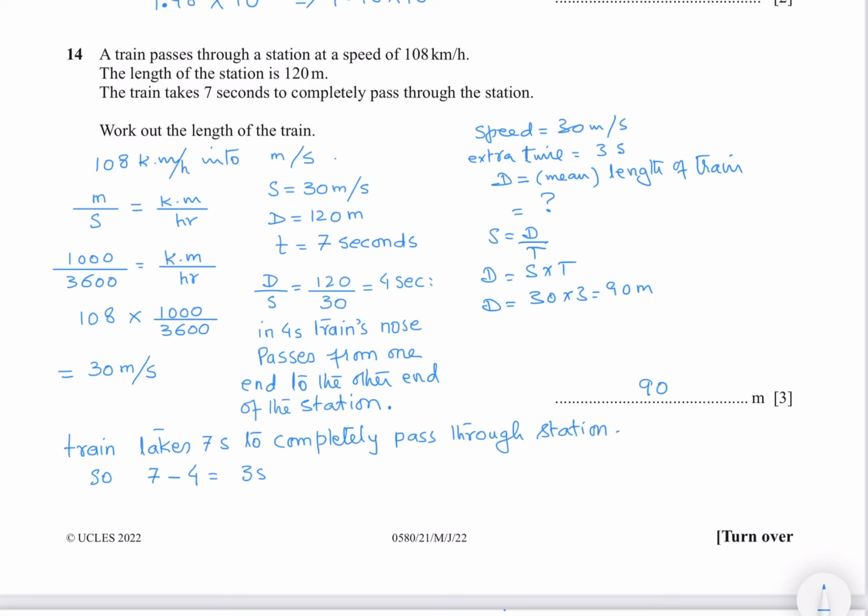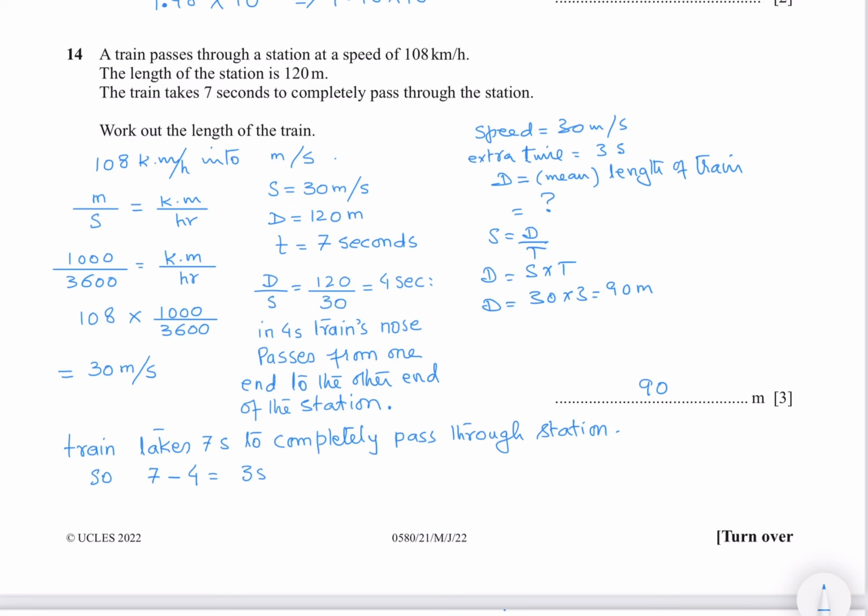There are 3600 seconds in 1 hour, so write down 3600. So you get a fraction 1000 over 3600. We multiply 108 times 1000 over 3600. So we get 30 meters per second.